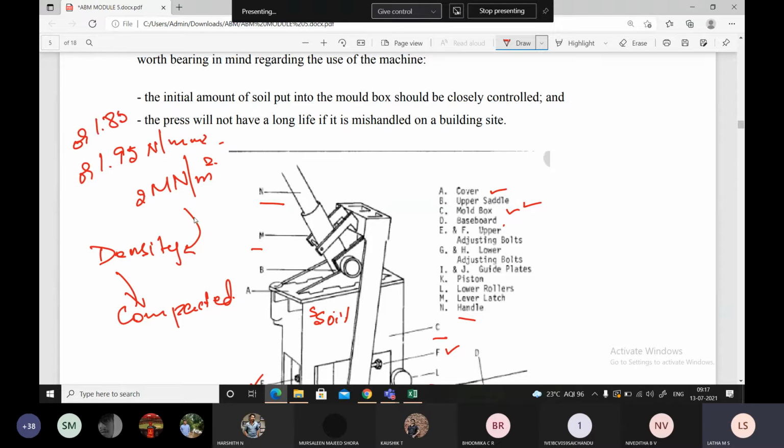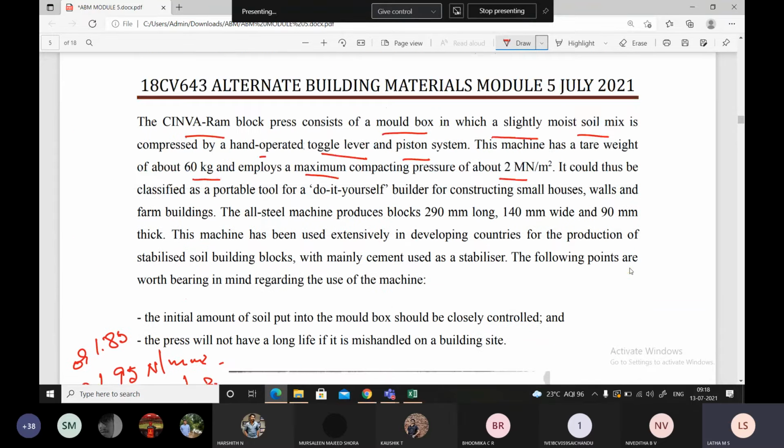You have to check before you purchase what density value it can attain. Because when you are compacting the soil, students, it has to reach a maximum compressive strength value, a maximum density value, right? Maximum density value has to be attained by the machine. Then only your blocks will have good strength, otherwise it is not possible to achieve.